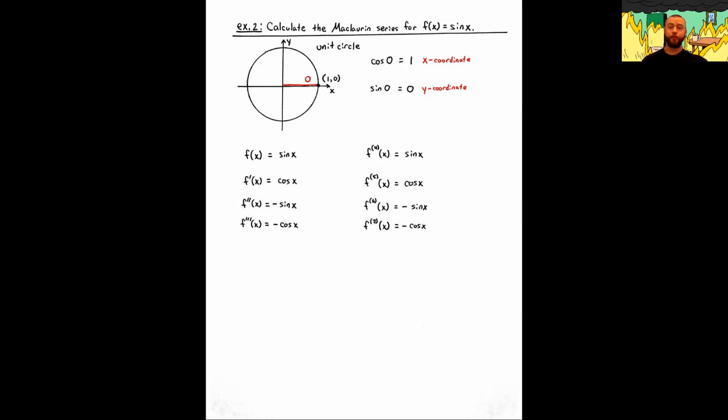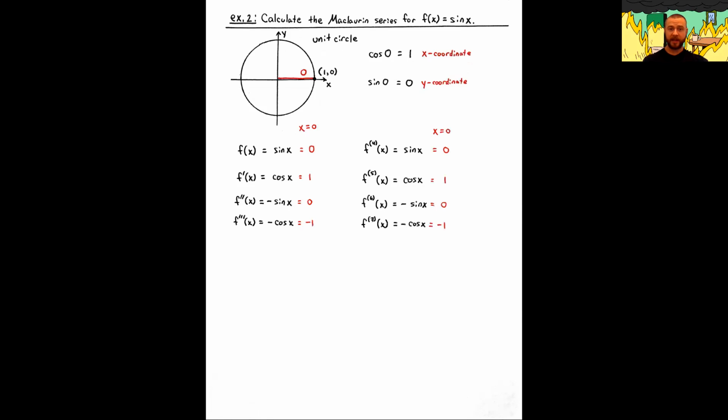All right, now for a Maclaurin series, we would evaluate these derivatives at 0. So let's go ahead and plug in x equals 0. From above, any function value with sine of x in it, sine of 0 is 0, and any function with a cosine of x in it is going to evaluate to either positive or negative 1. Now, we can maybe see a pattern here.